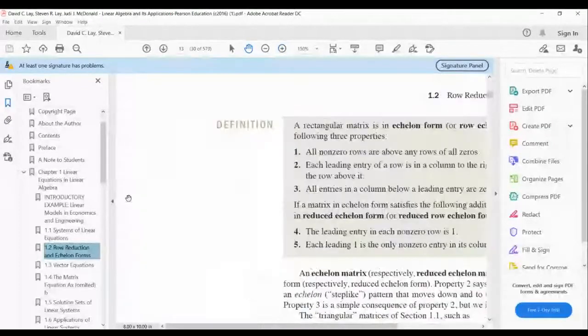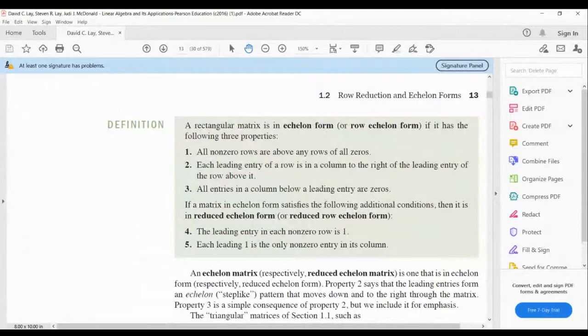But what I want to do is bring up something from the book here. Section 1.2 gives a formal definition of echelon form and reduced echelon form, at the top of page 13.